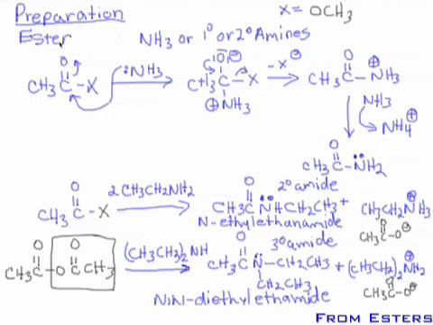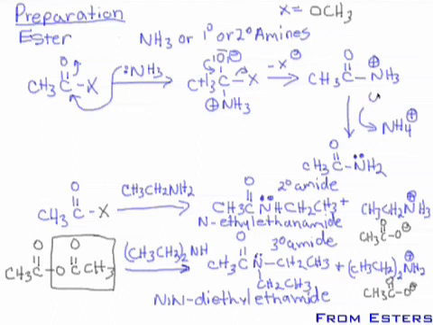Well, indeed, we looked at ester reactions, and yes, the X we kick out could be an OCH3 minus. If it is, in this case, we don't use extra equivalents of the base because the methoxide that leaves is basic enough.